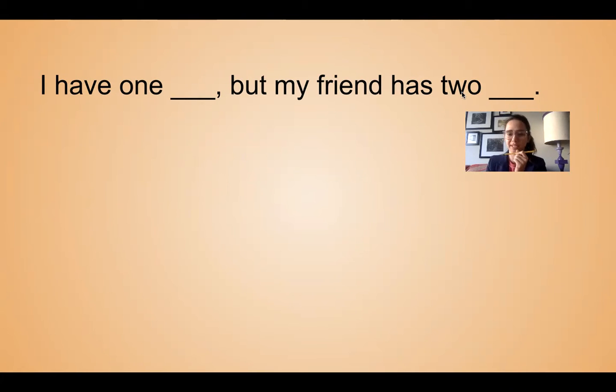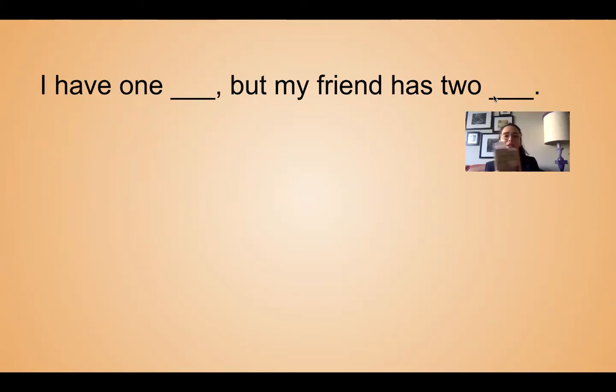I'm going to give you a second to practice with the noun pencil. Okay, I heard you say pencil, and when you mentioned two, I heard you add an S after pencil, so pencils. You used a singular pencil and a plural pencils.